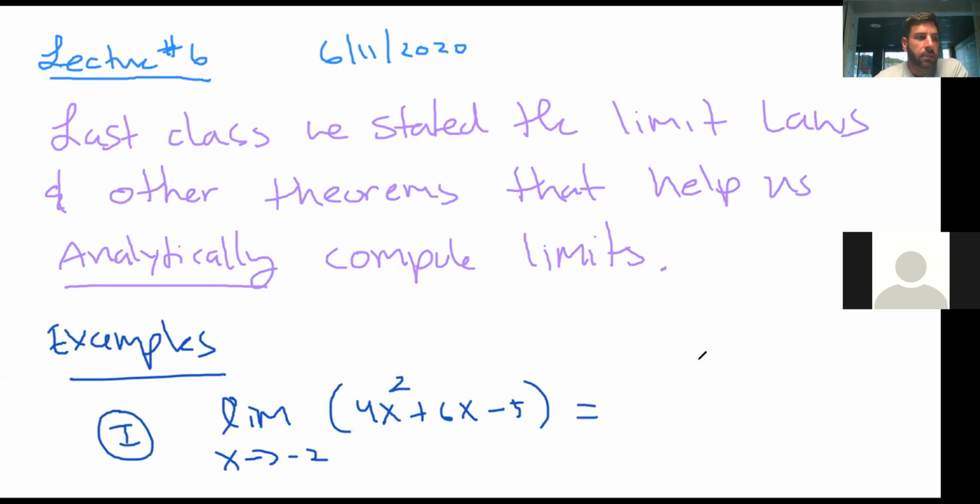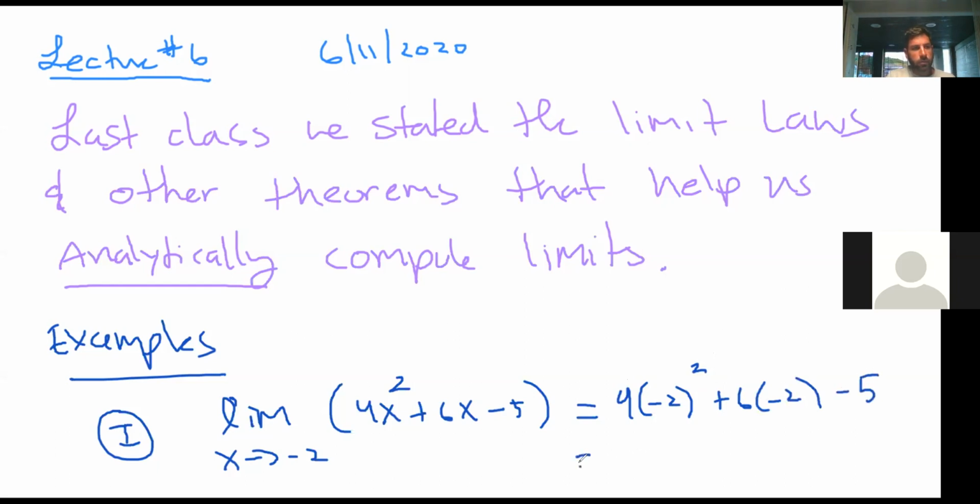So I'm asked to compute a limit. Now, the game that I like to play is the following. I say to myself, can I plug -2 into that expression? And the answer in this particular case is yes. So this is 4 times -2 squared plus 6 times -2 minus 5.